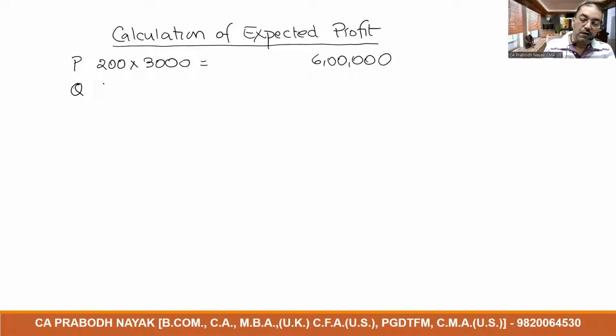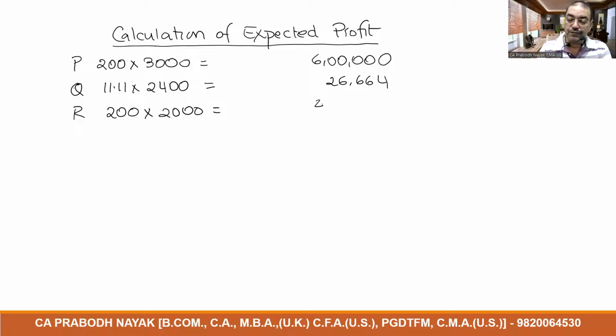For Q, it is 11.11 into 2,400 contribution per unit, 26,664. For R, it is 200 units, contribution per unit is 2,000, so it is 4 lakhs. And for S, it is 200 units into contribution per unit of 1,200, so that is 2,40,000.